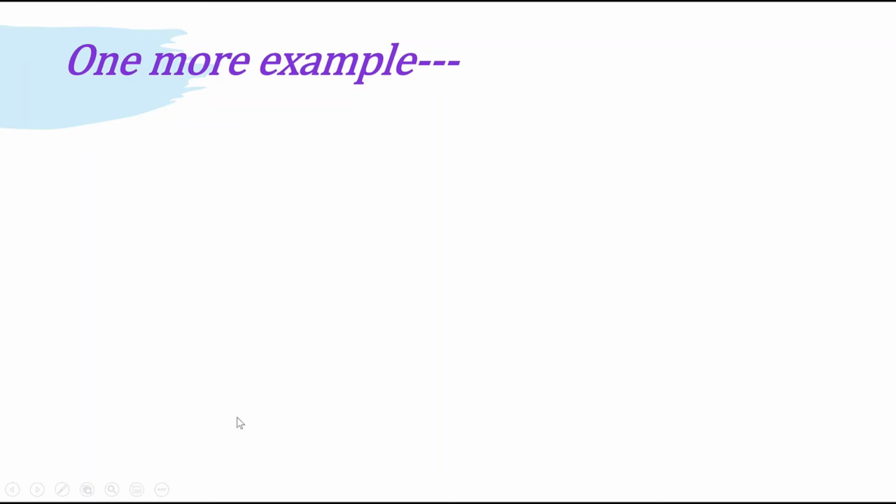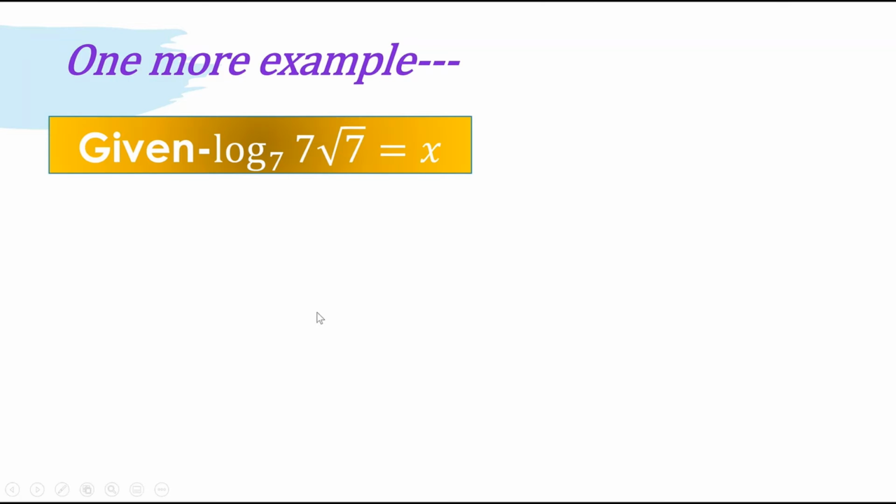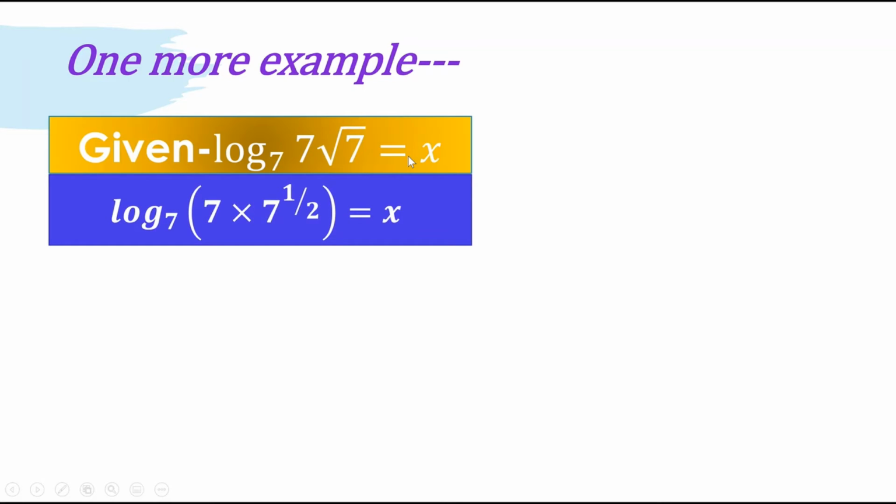We can do a similar example. For example, log of 7 root 7 with base 7 is equal to x. So x is in a logarithmic equation, and we have to find out the value of x. We are rearranging the above question here.